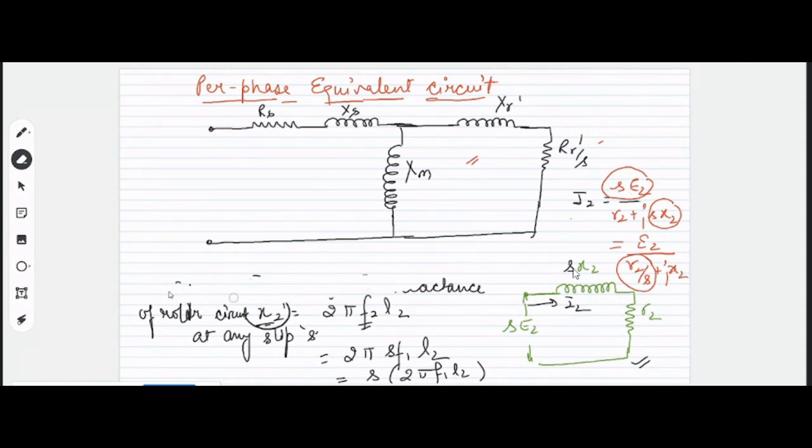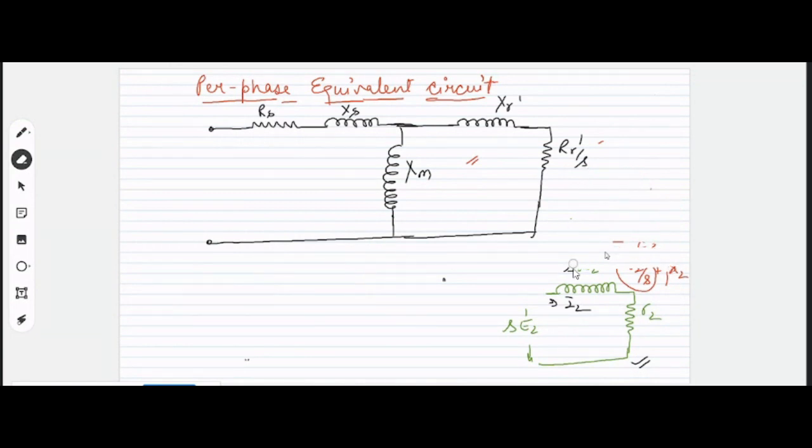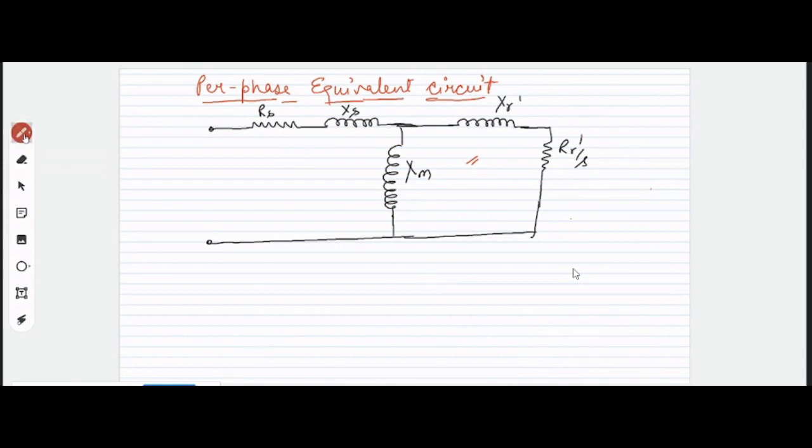Let us come back, and you just see we have the equivalent circuit, right? You have already studied this equivalent circuit, and let us start from here. Suppose this is the per phase equivalent circuit of a polyphase induction motor, right?